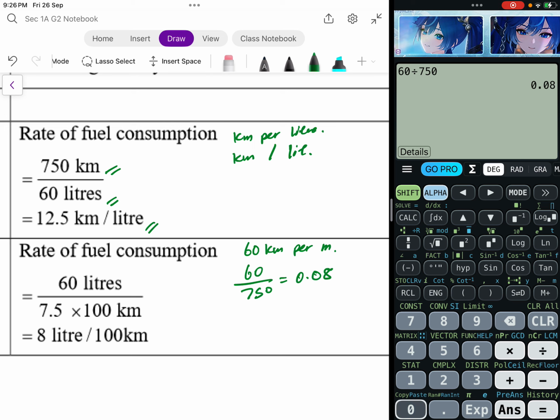So this is 0.08 per 1 kilometer. But we need 100. So we need to times 100 kilometer.